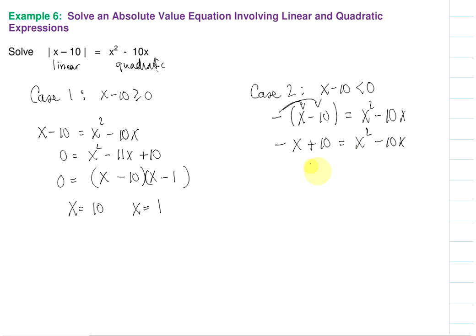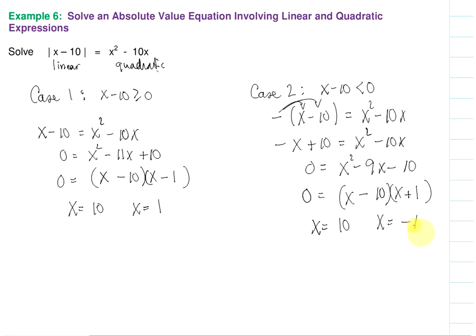We have a quadratic, so make everything equal to 0. That will give us x squared minus 9x minus 10, which we can once again factor. We want to make the 10 negative, the 1 positive, so we get that x equals 10 and x equals negative 1. Okay, so we want to verify.